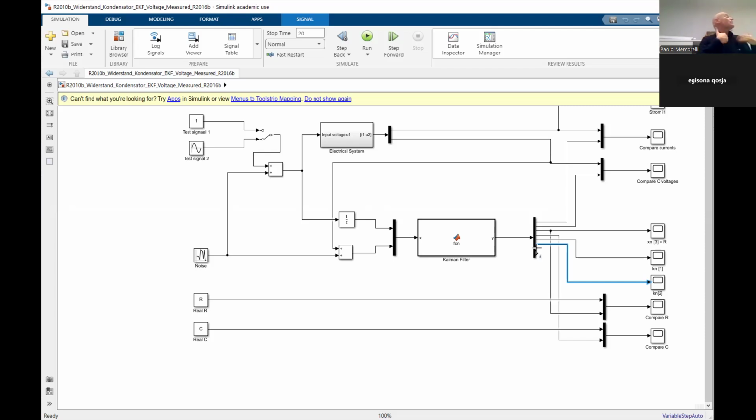Yeah, because I will act on all variables using my Kalman structure. I didn't put, let me say, KN3, KN4 because in this course I don't have time to analyze exactly the Kalman.